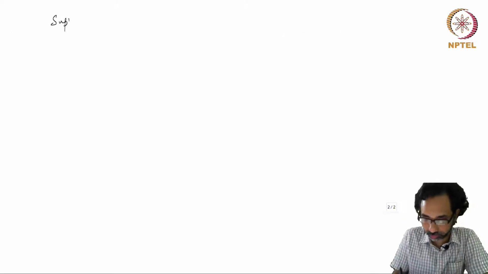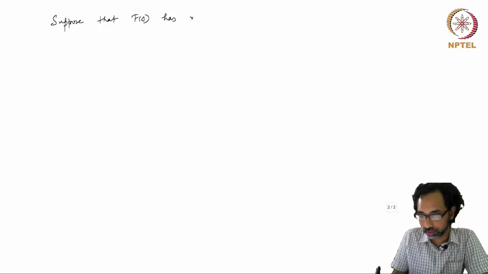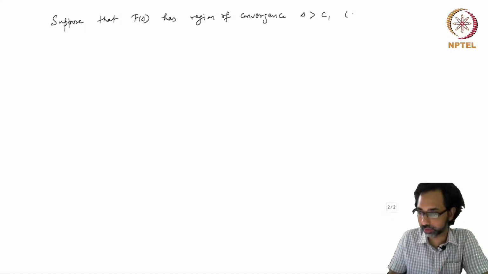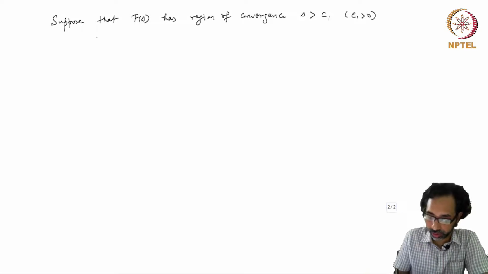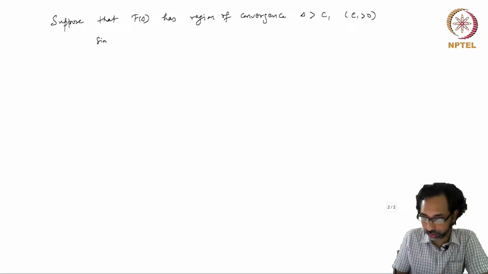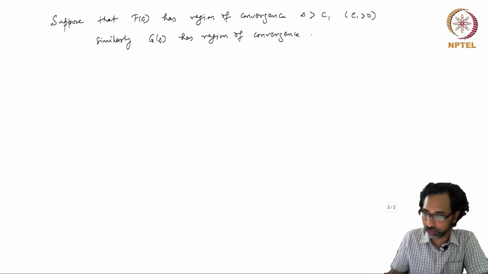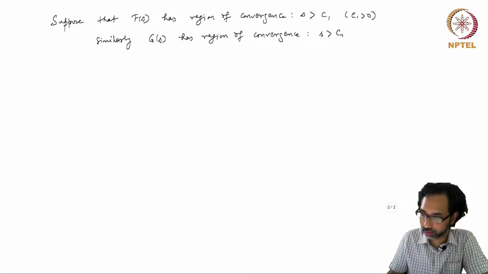So suppose that F(s) has region of convergence s greater than c1 for some constant c1 greater than 0, and similarly suppose that G(s) has the region of convergence given by s greater than c2 for some c2 greater than 0.